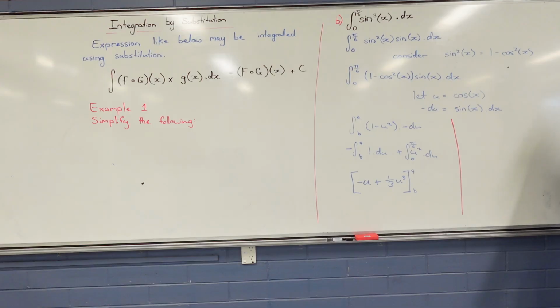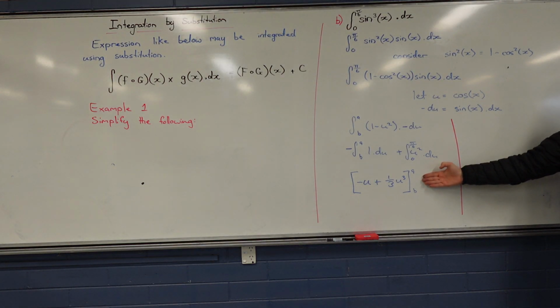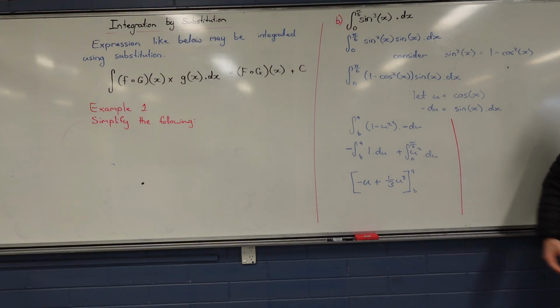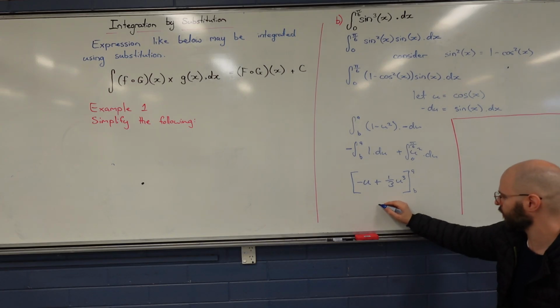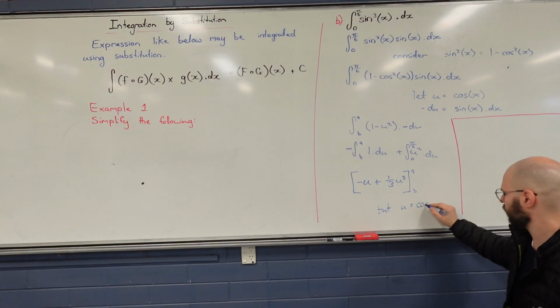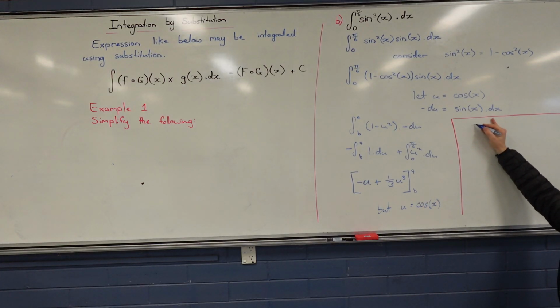Sometimes. Okay, so we can do the integral right there. Rather than setting a and b, I'm going to leave them as a and b while I'm in the space of u, and then I'm going to change u back into x. So we know that u is cos x.